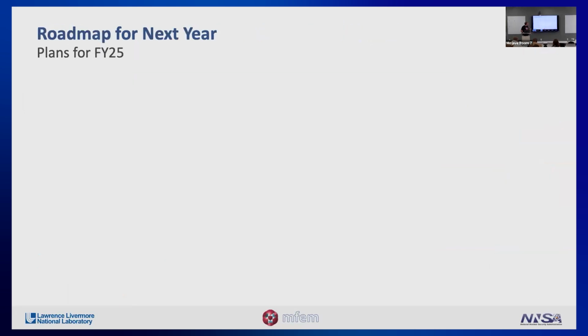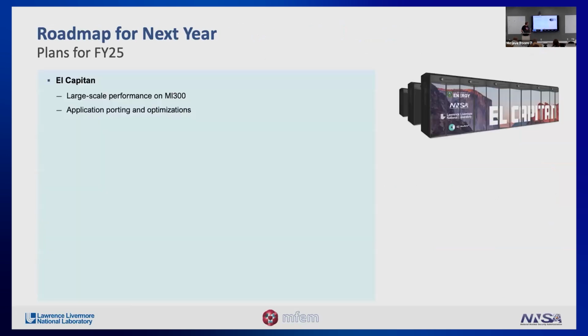Okay, so I want to spend a few minutes talking about next year. For us, El Capitan at Livermore is going to be a main focus. The machine is going to become available, and we're going to run at scale there on the MI300 GPUs. There will be additional porting and optimizations for it.